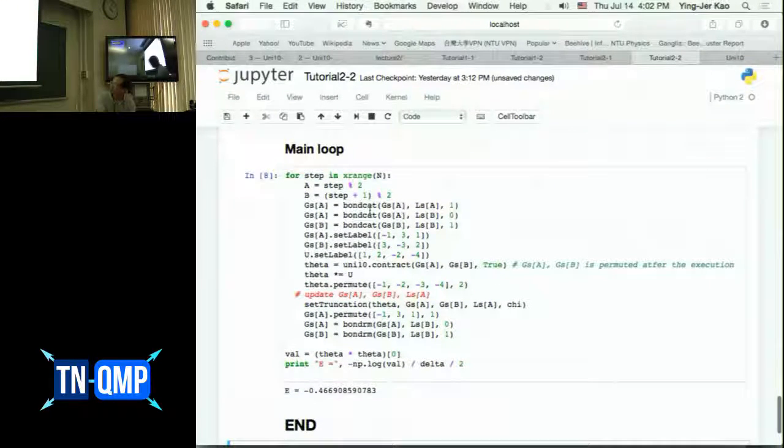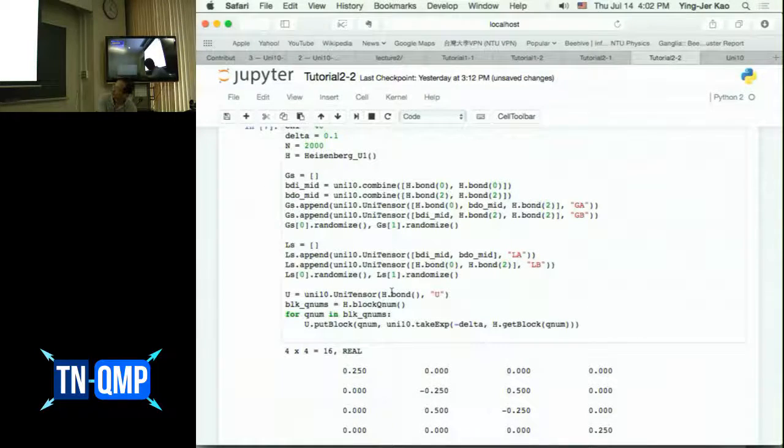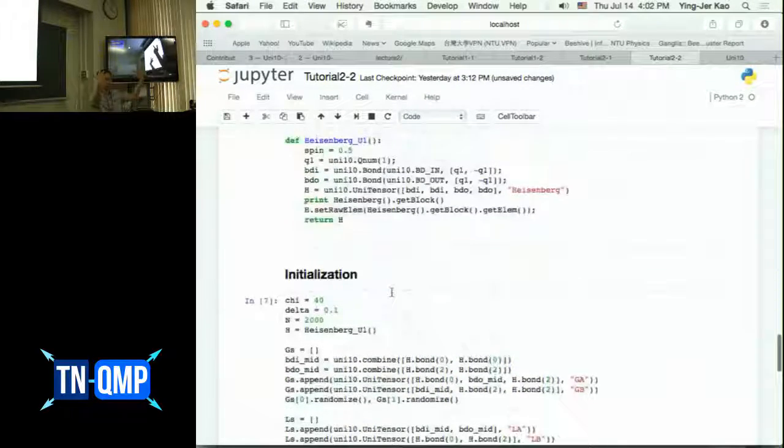As long as you figure this out, you don't really need to worry whether your bonds carry the right quantum numbers, and then the contraction will be done properly. In each block you'll generate the proper quantum numbers.